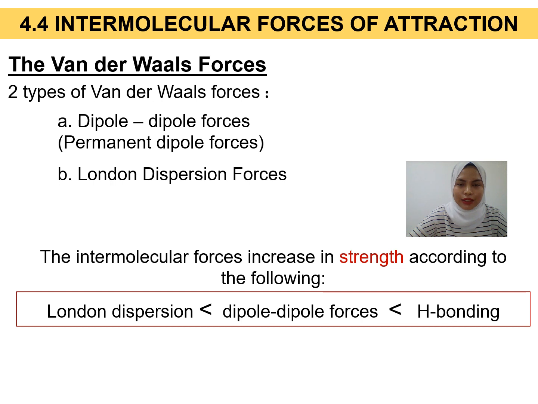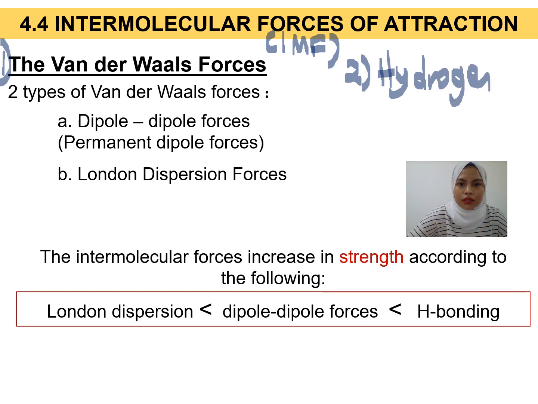Okay, tadi Miss ada bagi tahu kita akan ada dua jenis intermolecular forces of attraction ataupun dua jenis IMF lah. Yang pertama ialah the van der Waals forces, yang kedua ialah the hydrogen bond. Okay, ada dua jenis je IMF, van der Waals dengan hydrogen bond.